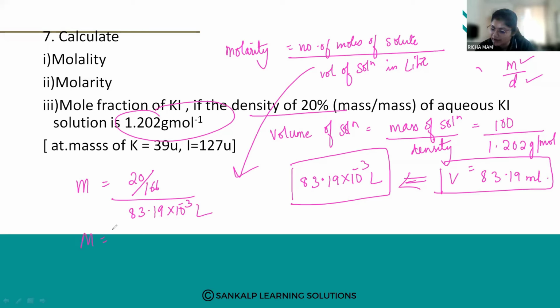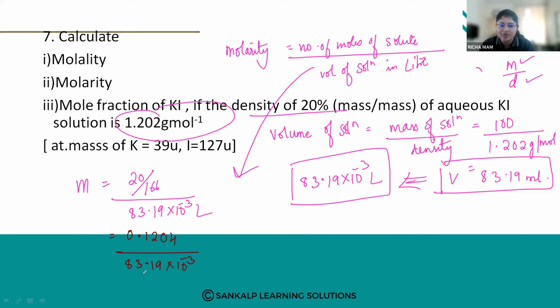So again, 20 divided by 166 comes to 0.1204. Divided by 83.19 into 10 raised to minus 3.